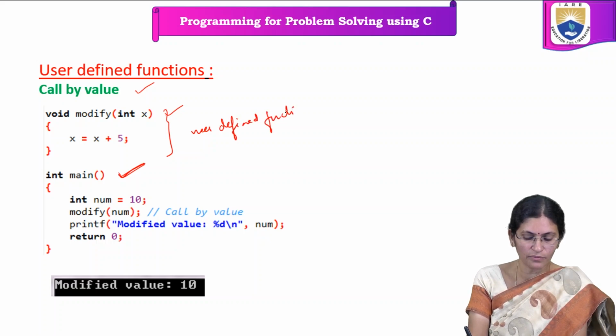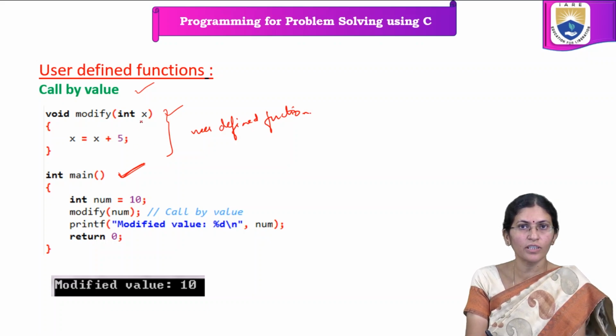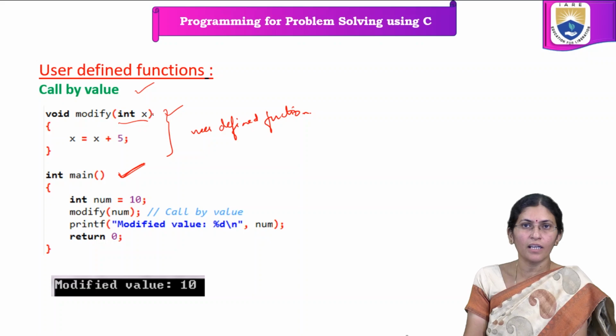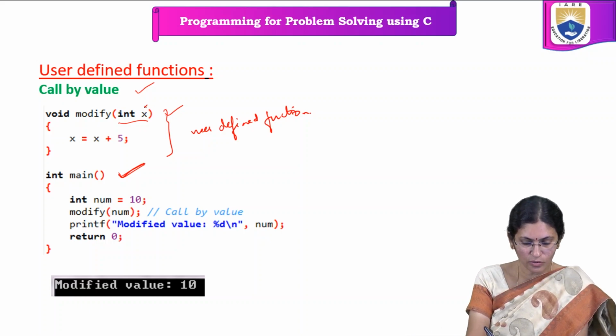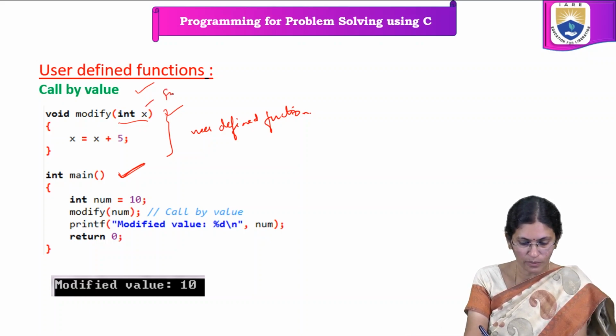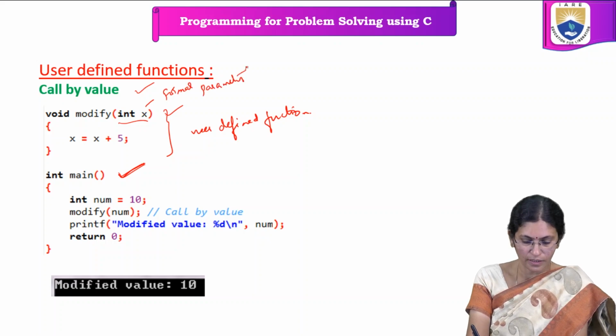For a user defined function, we can see the implementation details, the internal working of the function. This is a simple user defined function which takes one parameter. These are the formal parameters and this is the actual parameter.